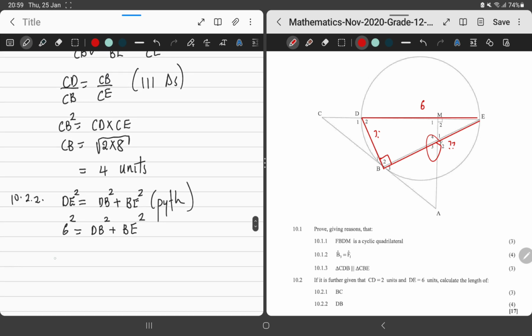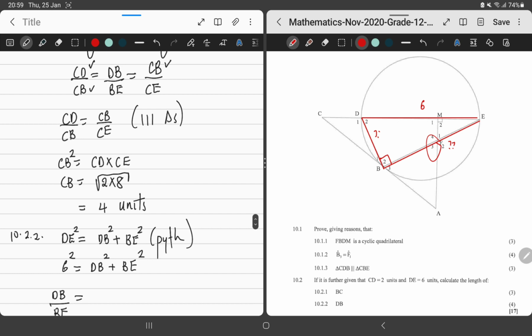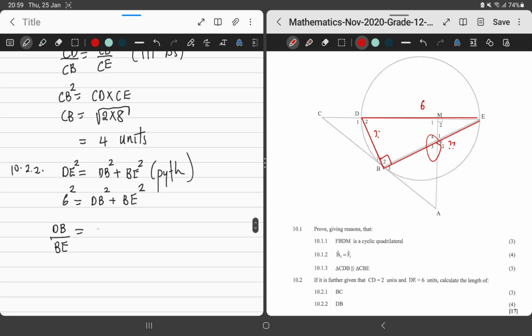So I'm going to say DB over BE should be equal to CD, I do have, and CB I do have as well. So this is CD over CB, and this is because of similar triangles.